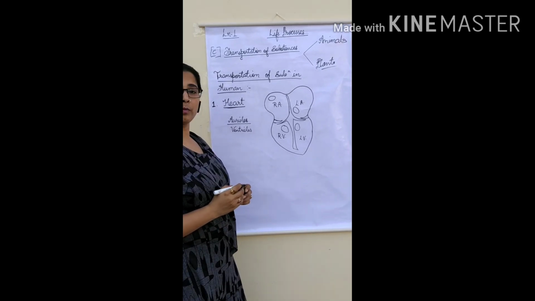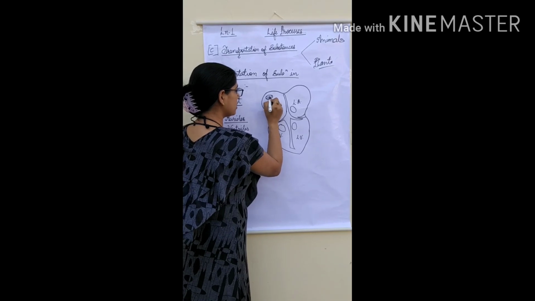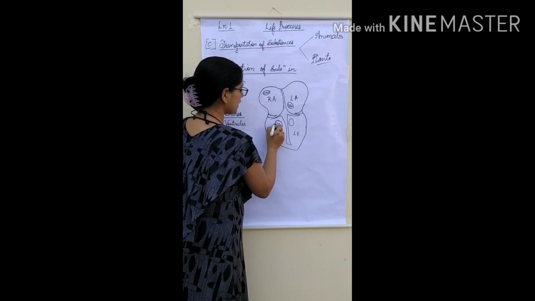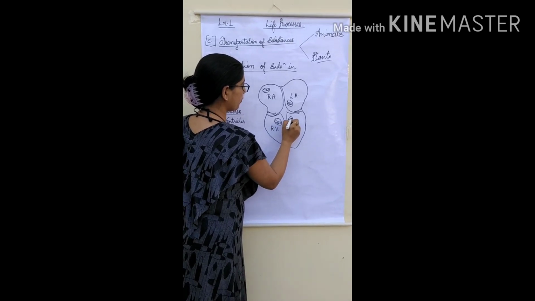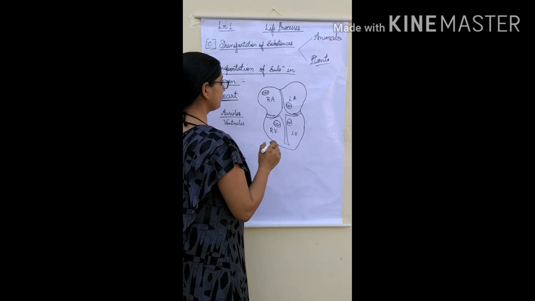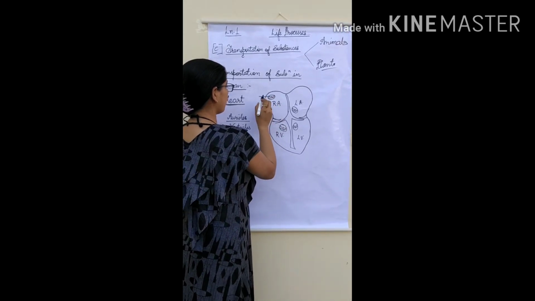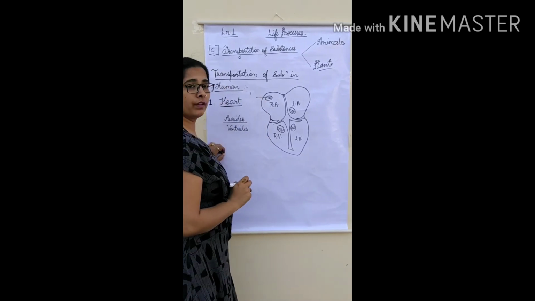Every opening has semi-lunar or C-shaped valves which open when the requirement is there. Here I'm labeling the opening of the superior vena cava and inferior vena cava.